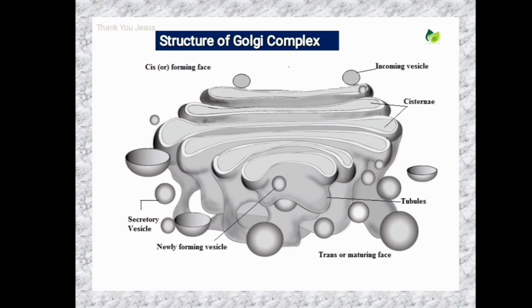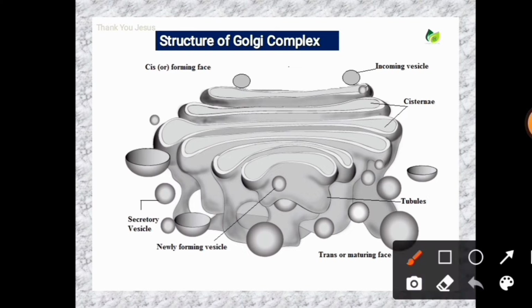First one is cisternae. Look at the picture. These are the cisternae. The cisternae are elongated, flattened sacs filled with fluids. They are arranged in parallel bundles one above the other.